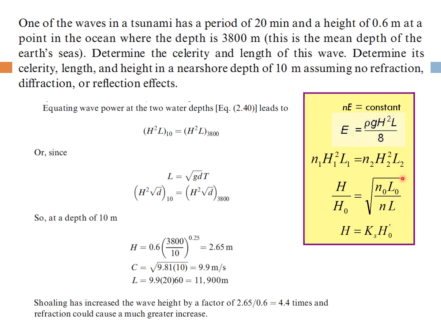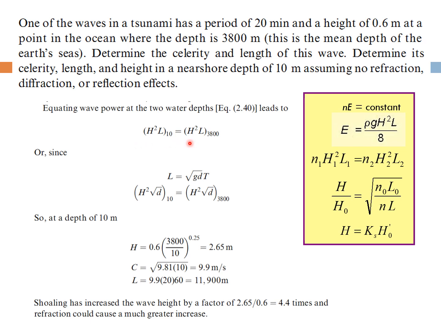And since the change of the wavelength for a tsunami depends on the change of the water depth, we can then apply the equation for the shoaling effect accordingly. But let's look at how the solution here does it.